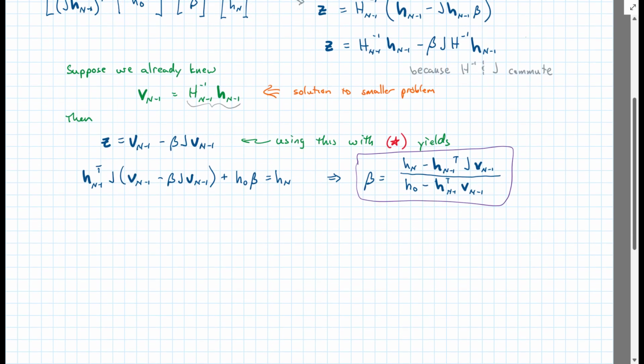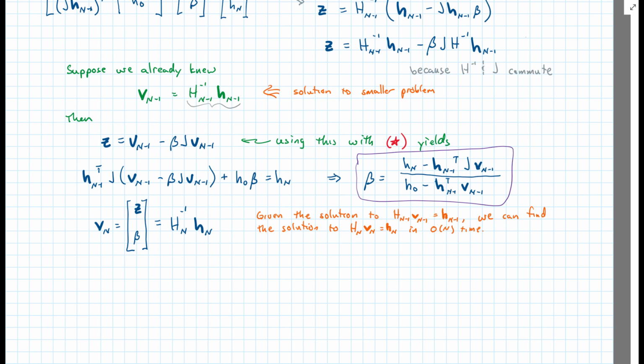When we have that solution, and now we have our beta, we can now get our v_n is equal to z, which is given above, augmented by beta, and just iterate the point. So given the solution to this smaller problem, we can find the solution to one step larger in O(n) time.